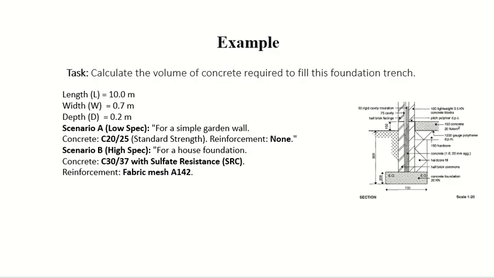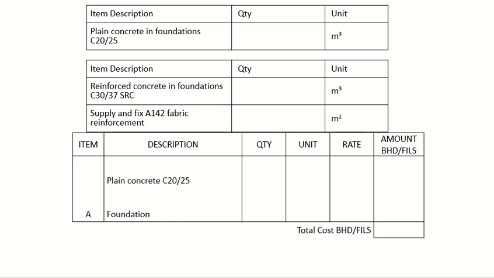So if you go for the first scenario, no reinforcement, low quality concrete, your BOQ will look like the first item only, okay? And for the second case, if you have good quality concrete and you are putting fiber reinforcement as well, then it will look like the second item. So you can see one whole item is increased here. And when you put it with the rates, again, these things will change.